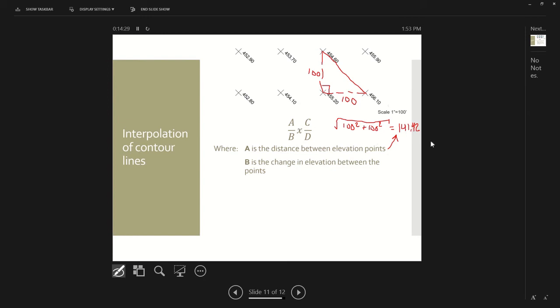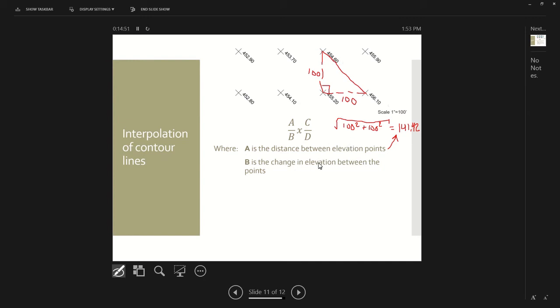So that's A, 141.42. Then we want the change in elevation between the two points.